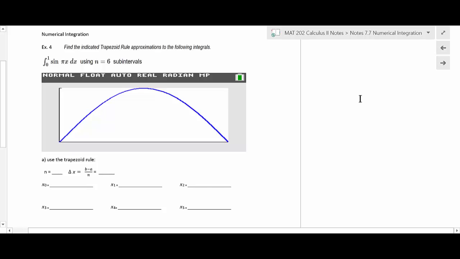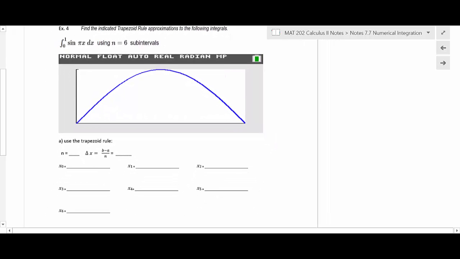Let's do the trapezoid formula on this one, and then we'll take a break before we do Simpson's Rule. So let's do the same problem that we did a few minutes ago, but using the trapezoid rule. First, you want to find what delta x is.